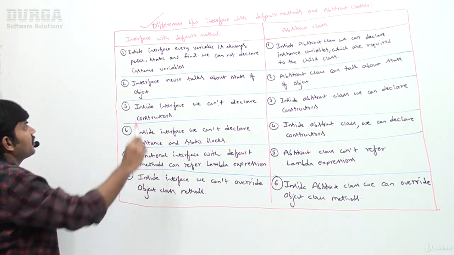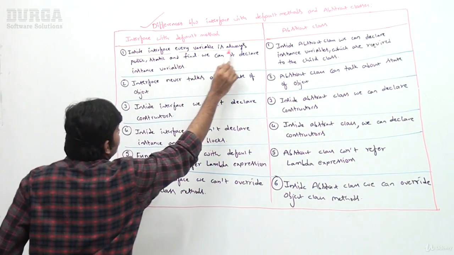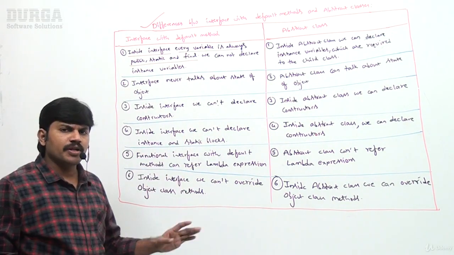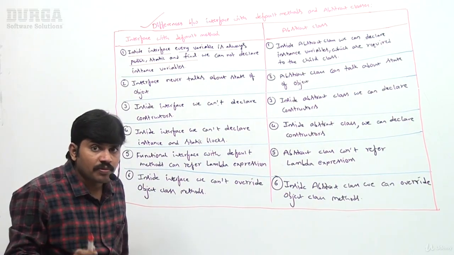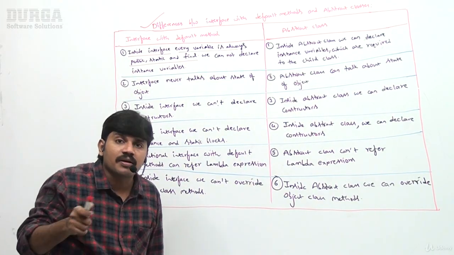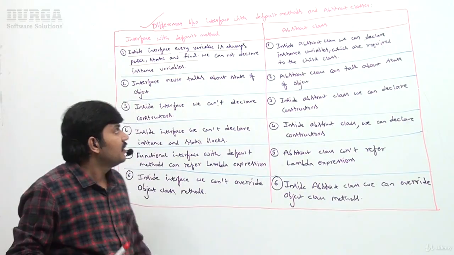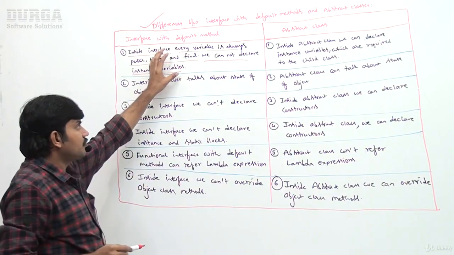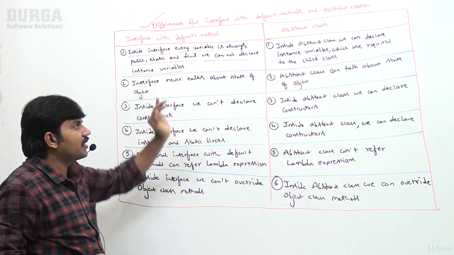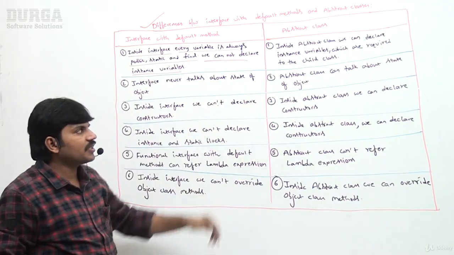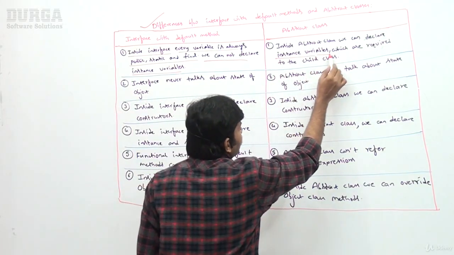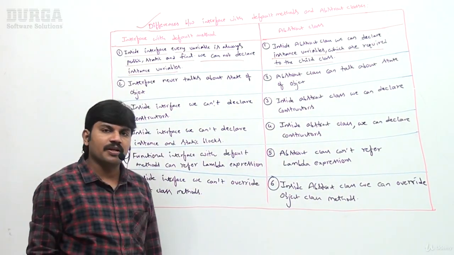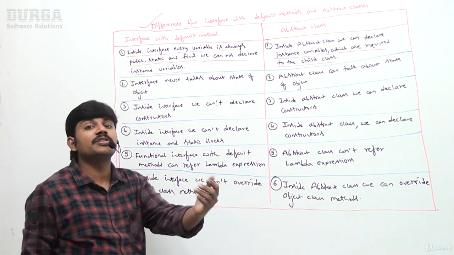Sir, very simple first point, observe. Inside an interface, every variable is always public, static, final. Have you remembered? Every variable present inside an interface is always what? Public, static, final, whether we declare it or not, right? Sir, we can't declare instance variables; it's not possible. But inside an abstract class, we can declare instance variables which are required for the child class, and they are by default available to every child class.